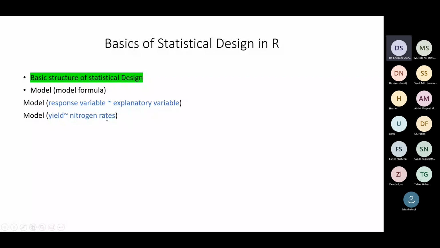First you write the dependent variable, then the independent variables. Here we want to use a linear model, so we want yield and nitrogen rates. This is your linear model and this is your model formula. So R operates like that.